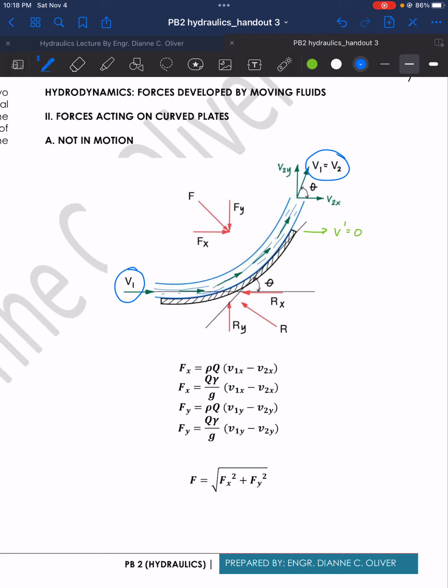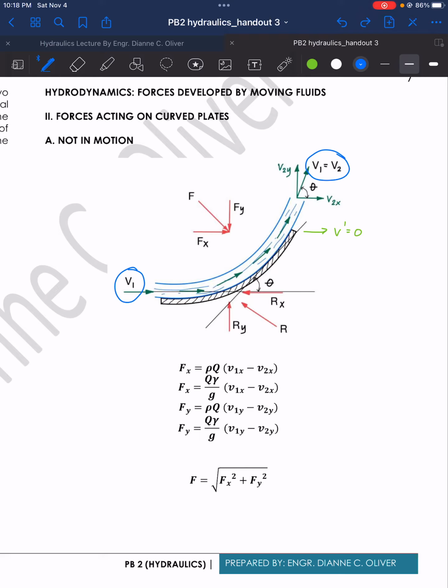Now, having this formula for the force, the F here is the force in Newton, that is the force of the jet, acting against the vane.